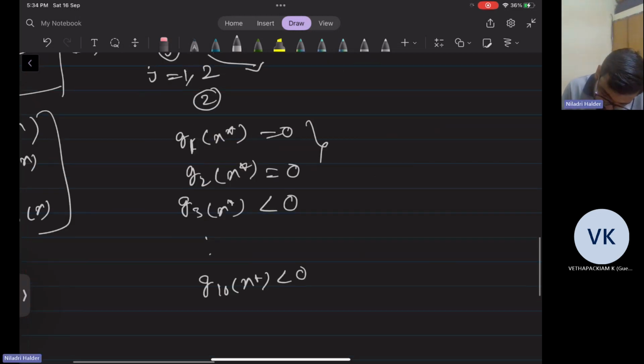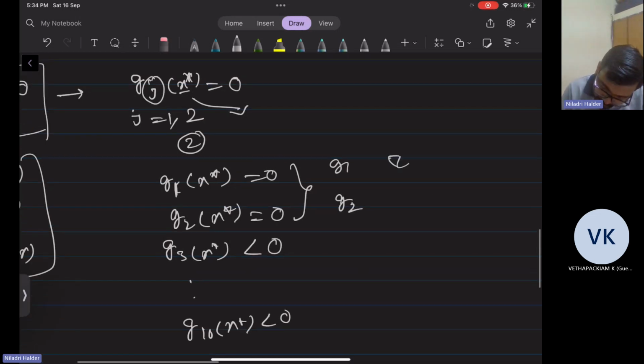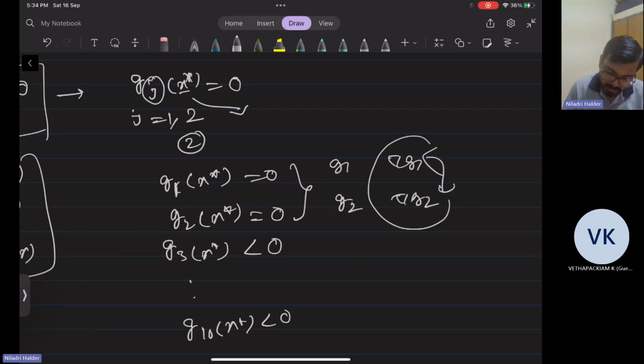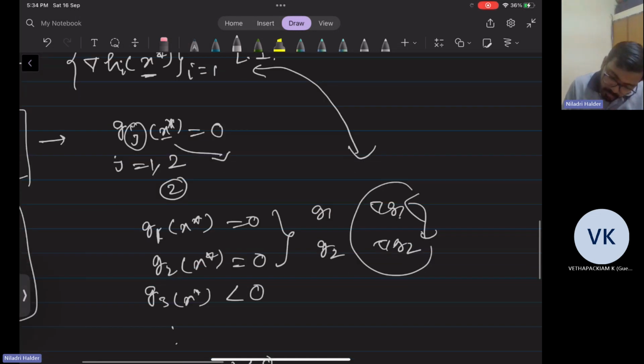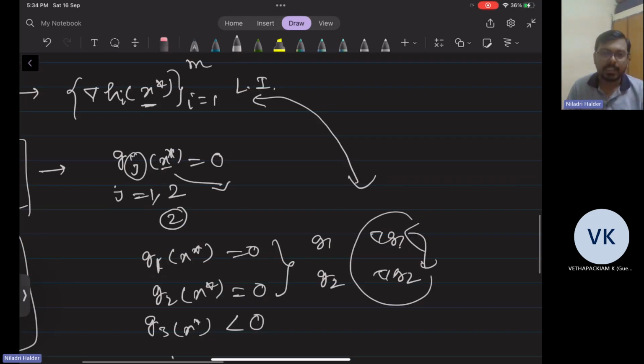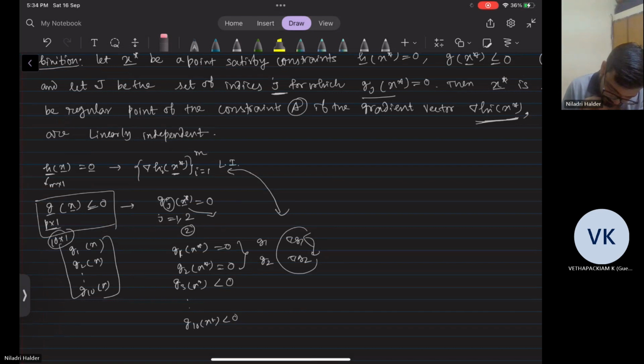So we take only these two functions g1 and g2, find the gradient of g1 and the gradient of g2, and check whether they are linearly independent. In addition, we check whether the gradients of g1, g2 and the gradients of the h i, all together, are linearly independent. This is the extra condition here apart from the equality constraint case.